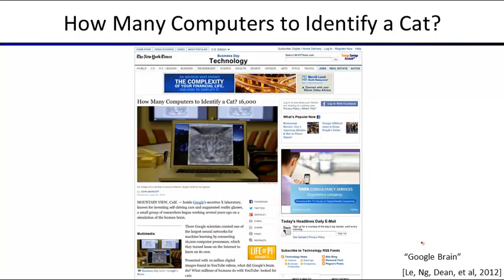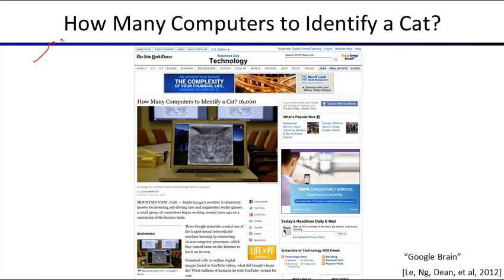There was a big article about this in the New York Times in the summer. The title of the article was, "How many computers to identify a cat?" The answer is 16,000 cores, at least according to this article. What this refers to is a project called the Google Brain Project, part of Google X, and the people leading this particular project were Andrew Ng, Jeff Dean, and Kwok Lei.